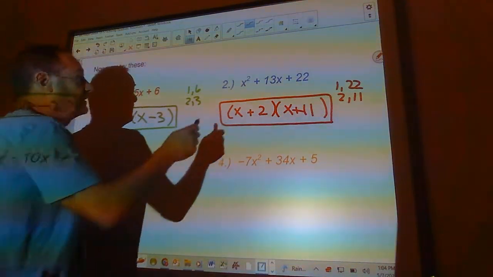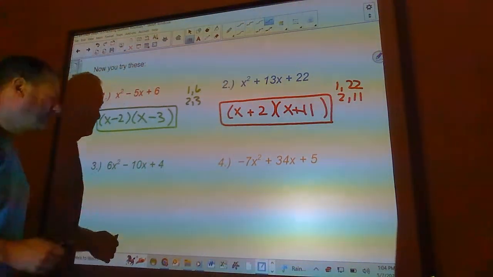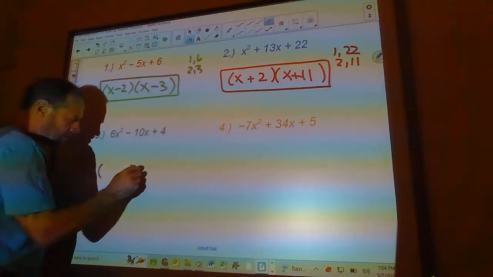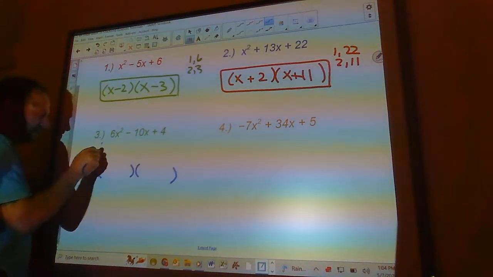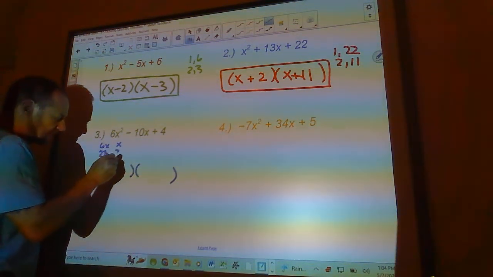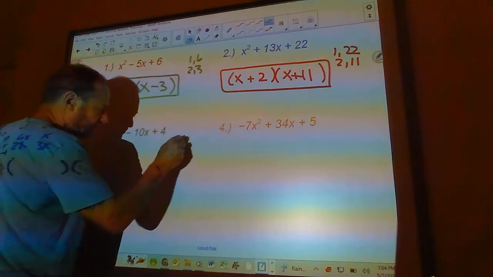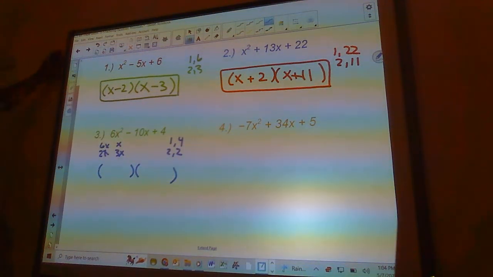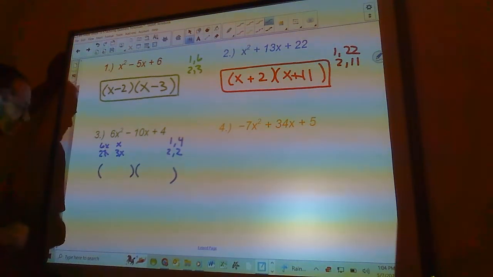All right, now this one is a little tougher down here. So I've got 6x and x, and I've got 2x and 3x. And over here I've got 1 and 4, and I've got 2 and 2. And I need to make negative 10 in the middle and positive 4 on the end.